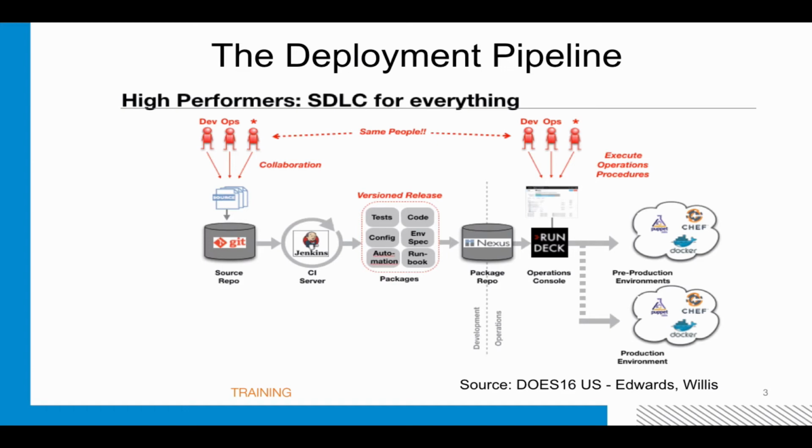The interesting point here is it's kind of what you'd expect. It's Git, it's Jenkins. There's some kind of package management, and there's artifact, in this case Nexus. Damon has a great product called Rundeck from an operations console and control, and then the delivery is either chefing it or pupping it, or it's containerized. Maybe the whole pipeline is containerized.